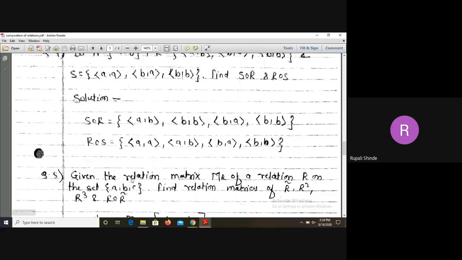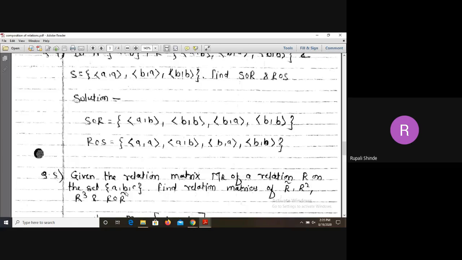Next question. Given the relation matrix M of R of relation R on set A, B, C, find relation matrices of R converse, R square, R cube and R composition R converse. R square means R composition R. So here the matrix for relation R is given. From that we have to find the matrix for R converse, R square, R cube, and R composition R converse.